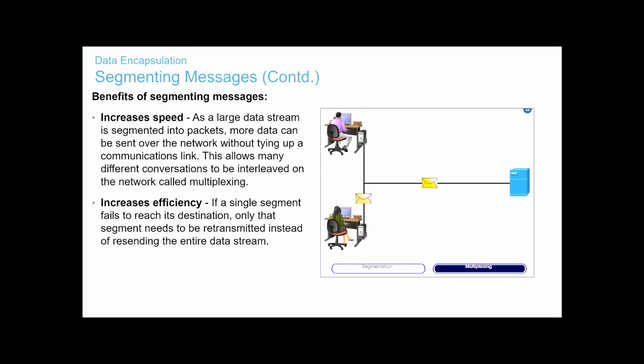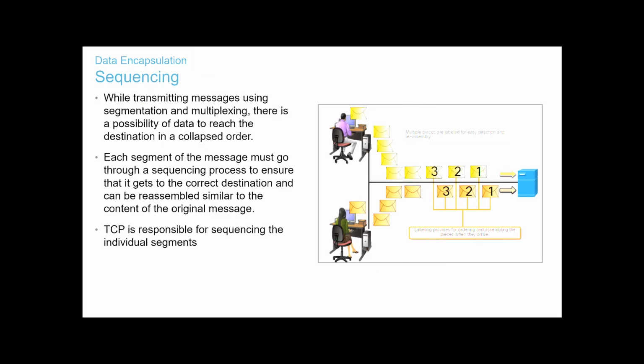This does speed things up when you divide that large stream of data into packets, and it won't tie things up and supposedly increases efficiency, because if only one part has to be retransmitted, it would be much quicker than the entire packet being retransmitted.